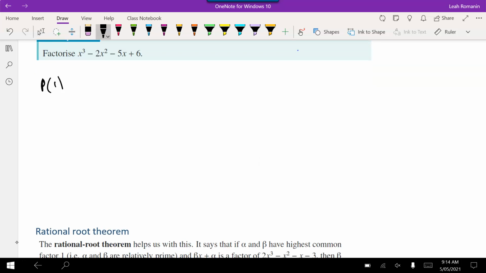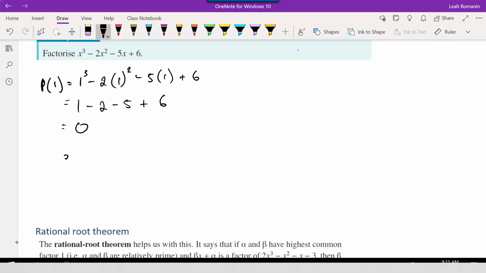So giving that a go, P of 1: 1 cubed minus 2 times 1 squared minus 5 times 1 plus 6. So I've got 1 minus 2 minus 5 plus 6. So 1 minus 2 is -1, minus 5 is -6, plus 6, I'm going to get 0.